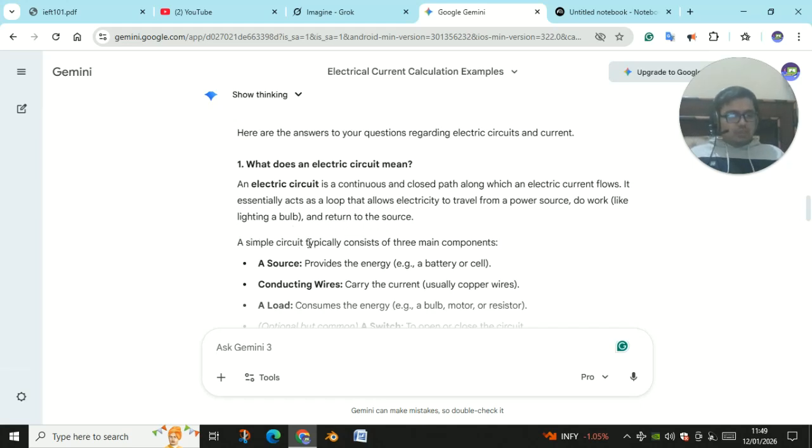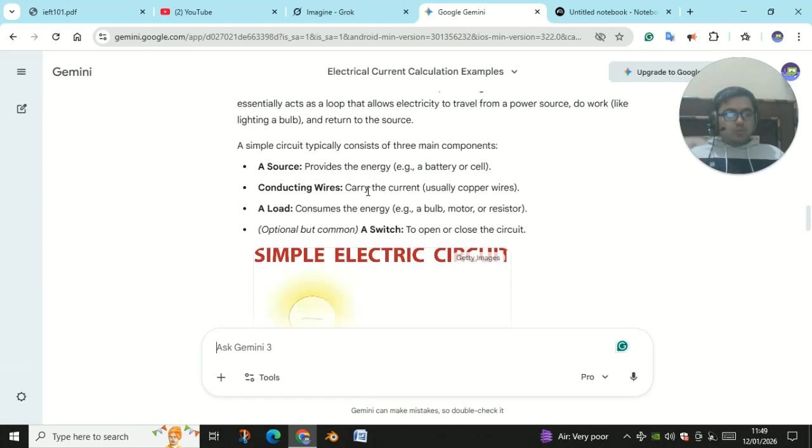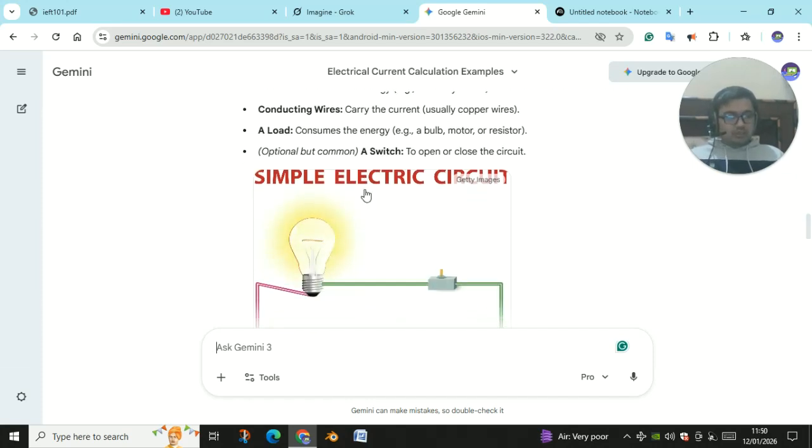A simple circuit typically consists of three main components. A source provides the energy, for example, a battery or cell. Conducting wires carry the current, usually copper wires. A load consumes the energy, for example, a bulb, motor, or resistor. Optional but common: a switch to open or close the circuit.